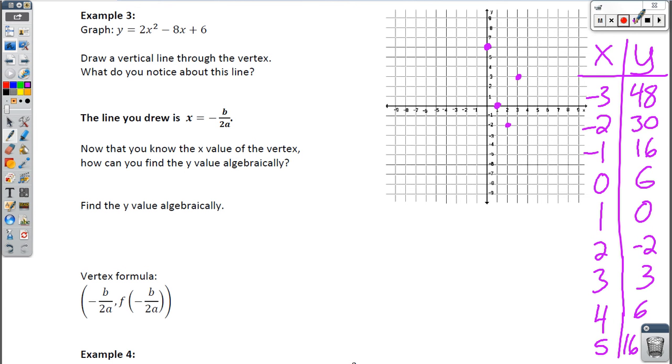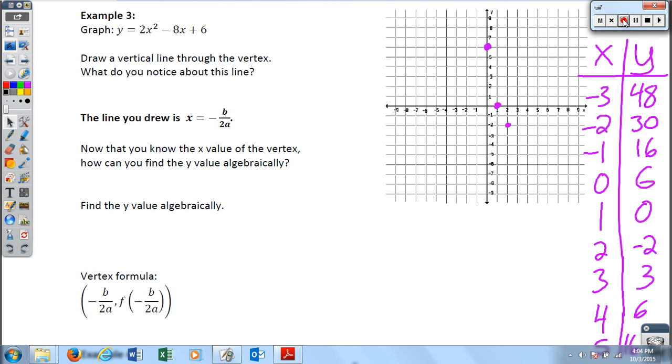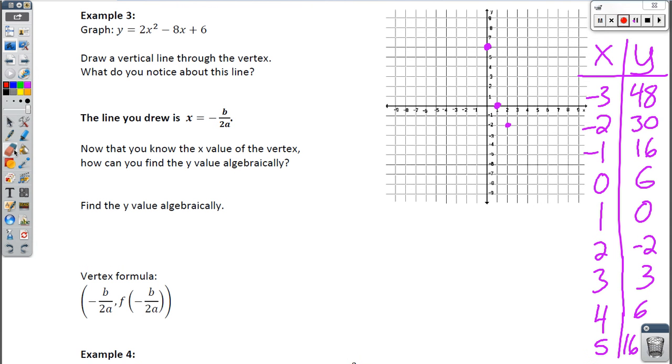Hold on, that might be wrong. Yeah, that should be 3, 0, not 3, 3. My apologies. 3, 0, and then 4, 6. That's right here. And then the rest are off the graph.